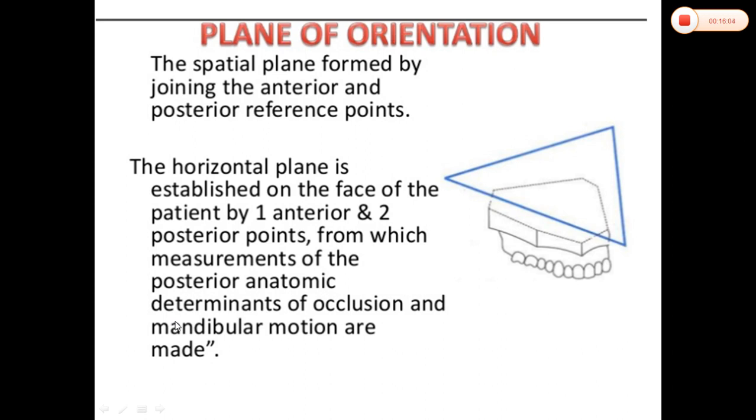So we have to record that position, and the maxilla has to be oriented to that position, and it has to be referred to the articulator. Unless we do this, there are going to be some errors which can occur if this orientation is not done properly. So what are the problems occurring, we'll see in later slides.